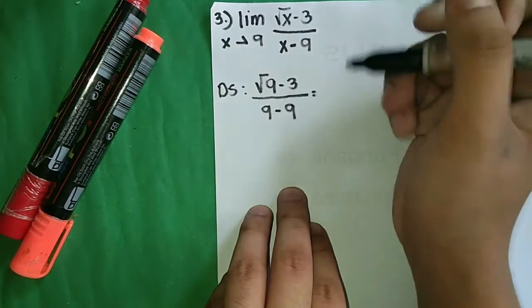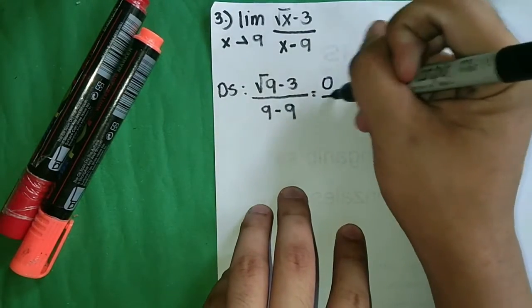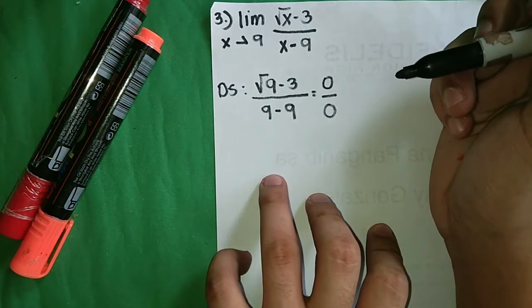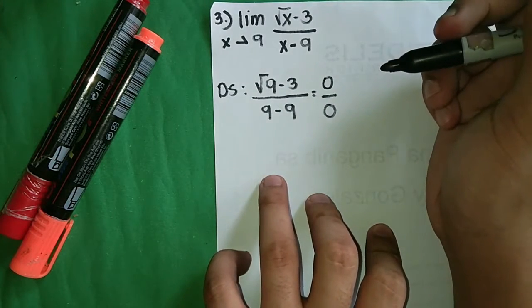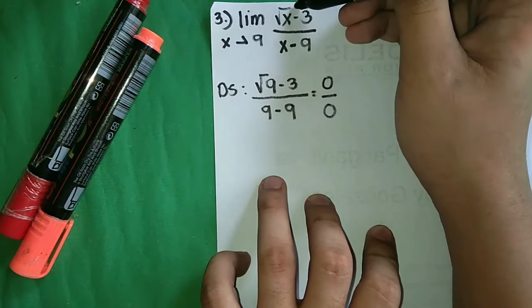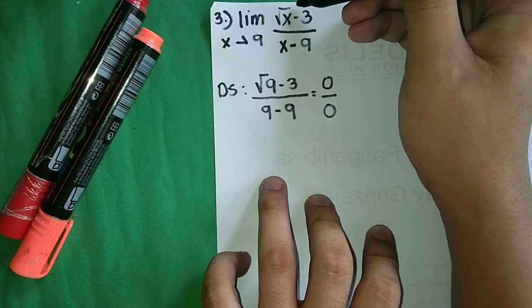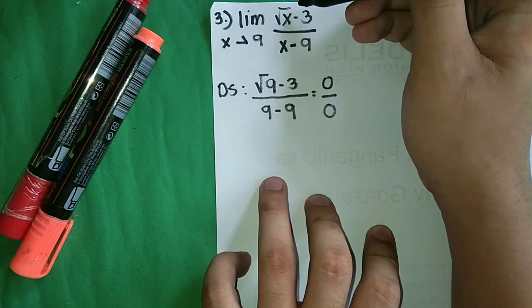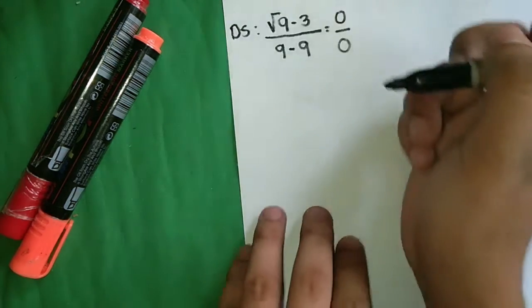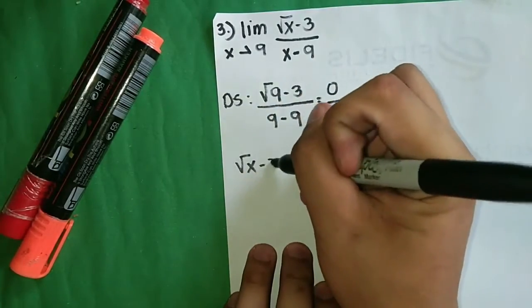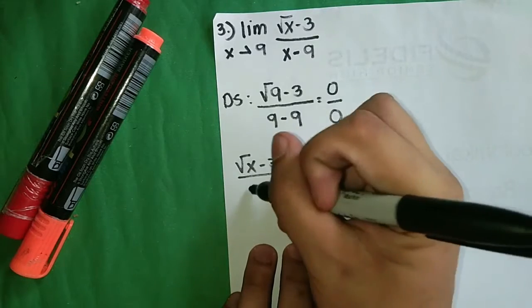As we direct substitute it, the answer will become 0 over 0, also known as indeterminate form. But as we can see, there is a square root in the numerator, above x, which is the radicand in the numerator of the function.